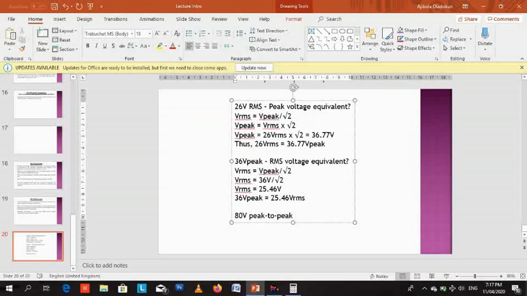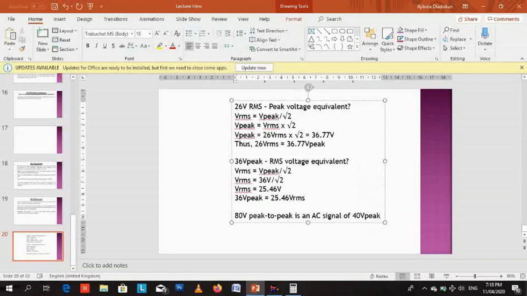So just as the name implies, peak to peak, from the maximum to the minimum, is 80 volts. So 80 volts peak to peak is an AC signal that you can divide, with half of it on the upper cycle and half of it on the lower cycle.